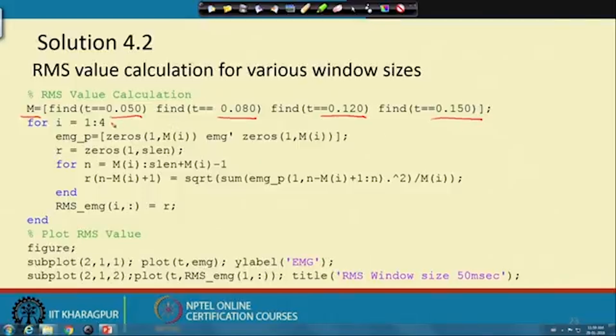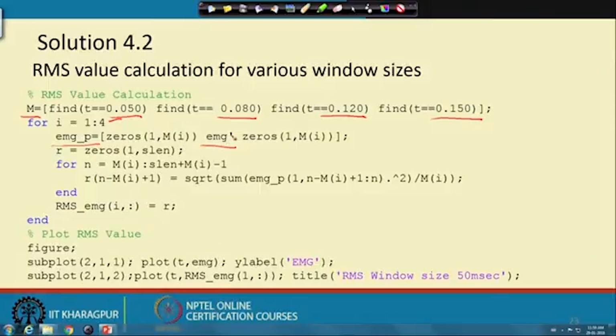So, we are taking a for loop going from 1 to 4, and in each case we have to pad the EMG signal. For that padding, the column signal, here EMG P, the padded signal, is a row signal.